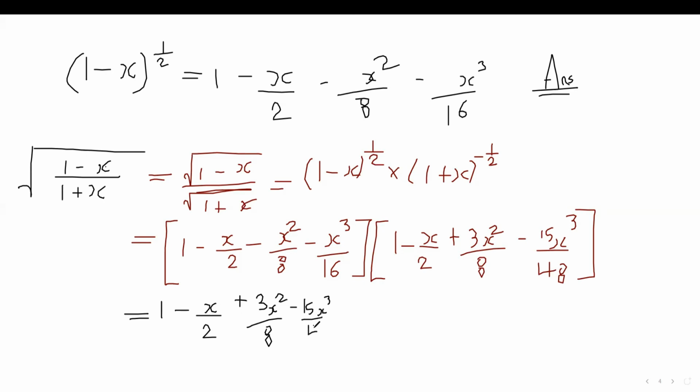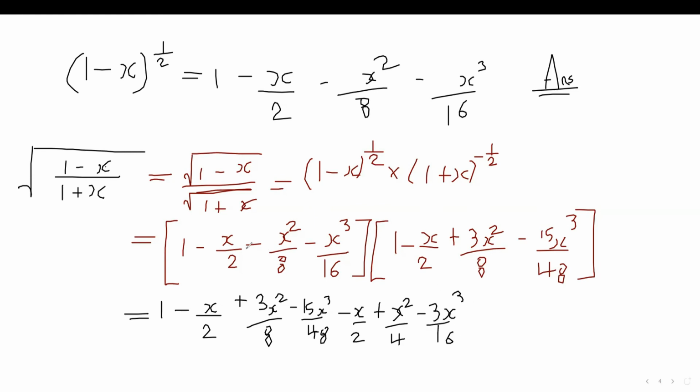Now, Marika, what we're going to do is multiply the minus x over 2 times all of this. Minus x over 2 times 1 is minus x over 2. Minus x over 2 times minus x over 2 is plus x squared over 4. Then minus x over 2 times plus 3x squared over 8 is minus 3x cubed over 16. Now, Marika, we can stop right here.